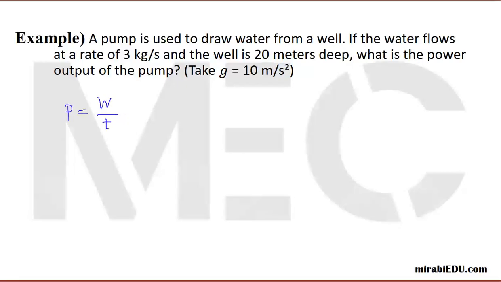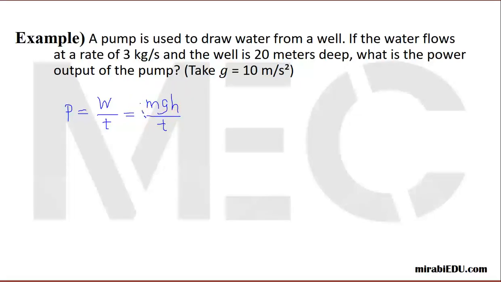What is the work done by the pump here? It overcomes gravitational potential energy because it brings water up some distance. So when the pump brings up water from the depth of the well to the ground, it overcomes some gravitational potential energy.